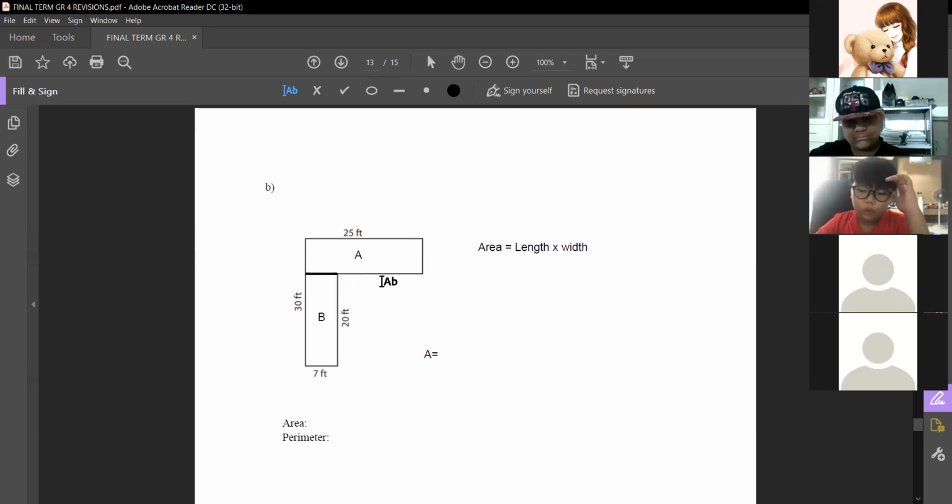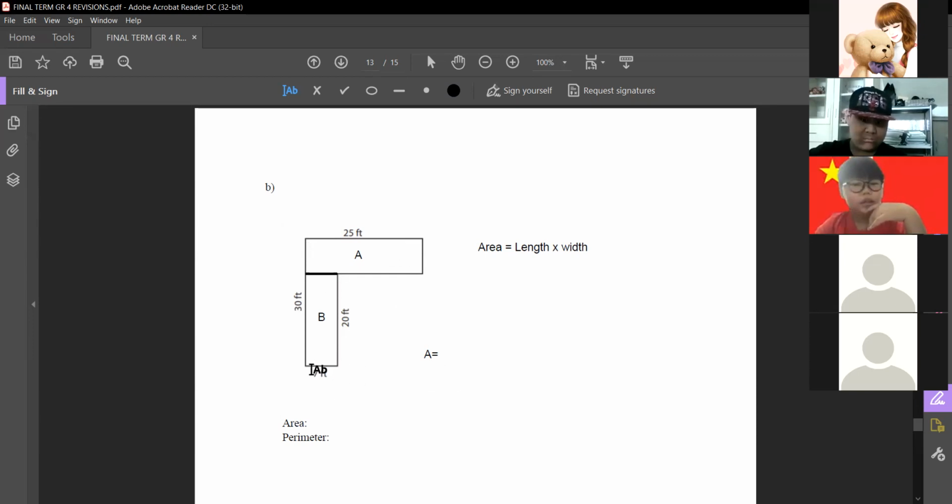This one is 25, this one is 7. This one is 25 for the whole. So here also should be 25, correct?